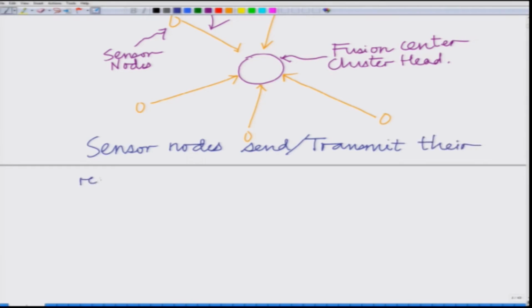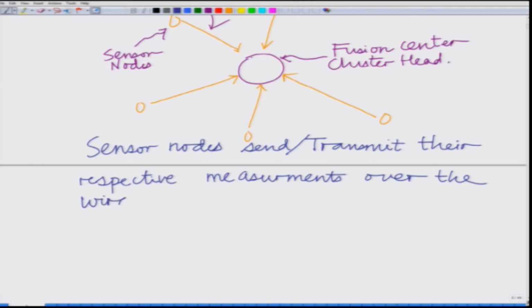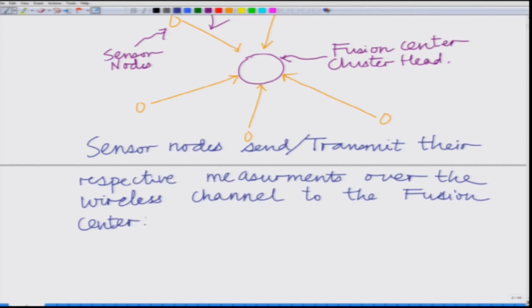their respective measurements over the wireless channel to the fusion center or basically your cluster head.